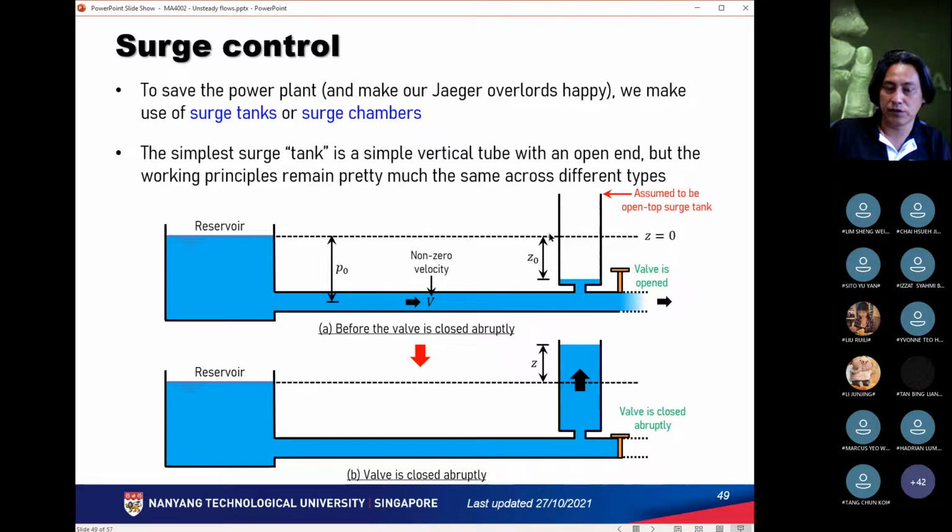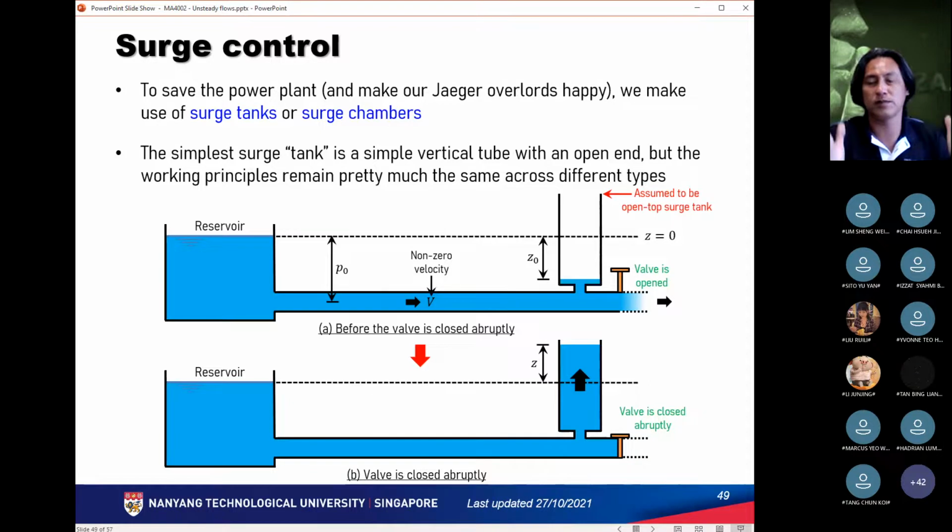There will be a height difference between the reservoir surface height and the height of the water within this open top surge tank. I'm just using water for the sake of simplicity. Now, everything is operating normally, and you allow water to flow out from the reservoir to go somewhere and do its thing.